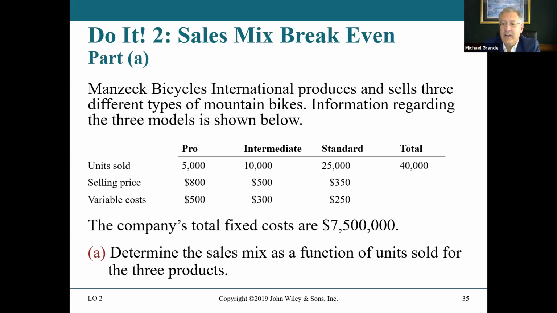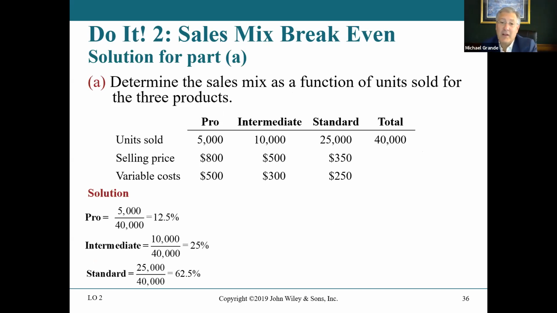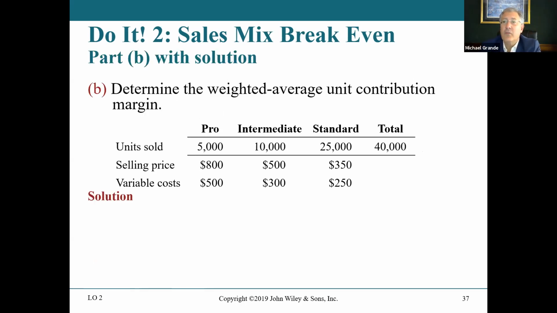A, determine the sales mix as a function of units sold for the 3 products. So you can clearly see it's the number of units for each product divided by the total units, and you've got the sales mix there. Determine the weighted average unit contribution margin. So we're using these percentages.